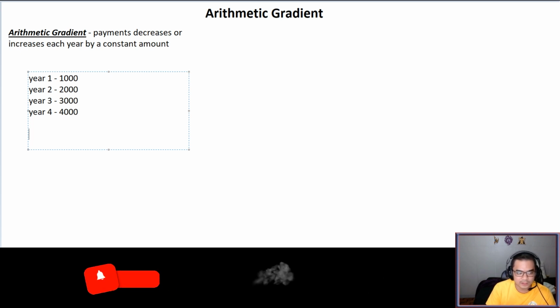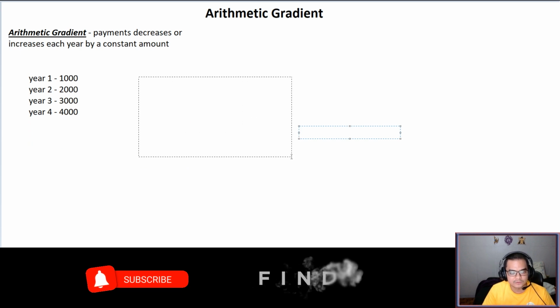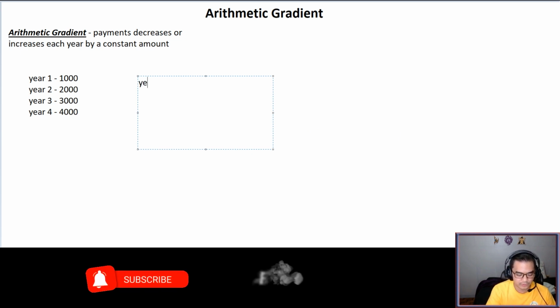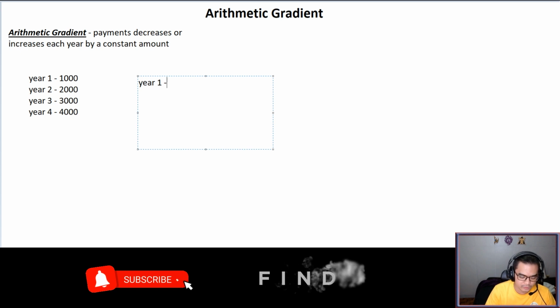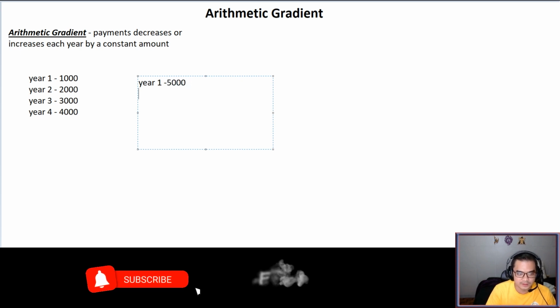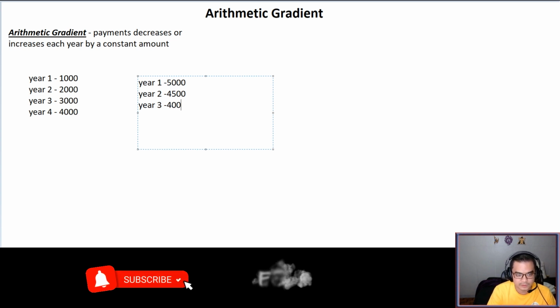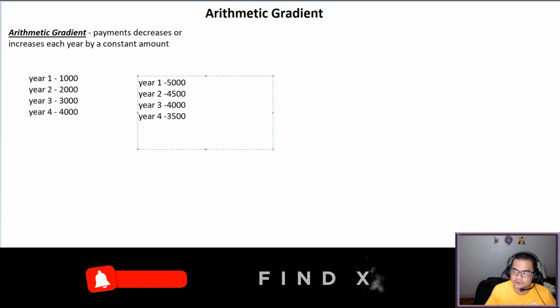So that is increasing. The payment that you are making increases each year. For another example, let's say for year one you are paying 5,000, and then for year two, the next year, you are paying 4,500, and then for year three, you are paying 4,000, and for year four, you are paying 3,500.